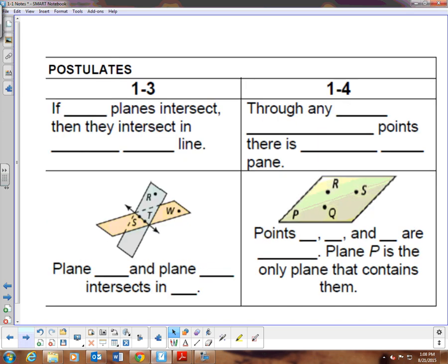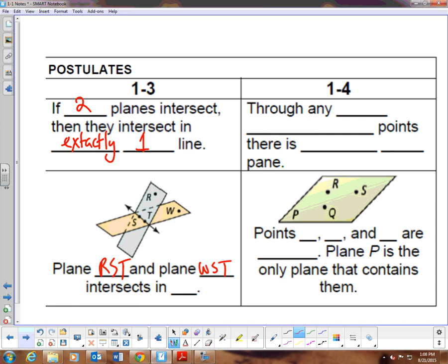Postulate 1-3 says if 2 planes intersect, then they intersect in exactly 1 line. So here we have plane RST and plane WST.